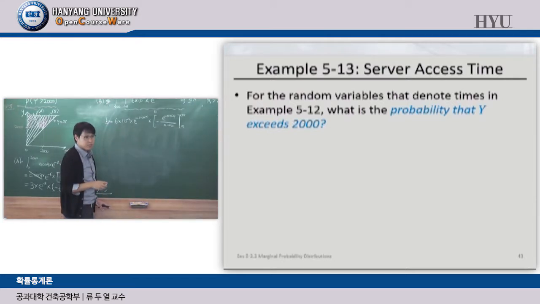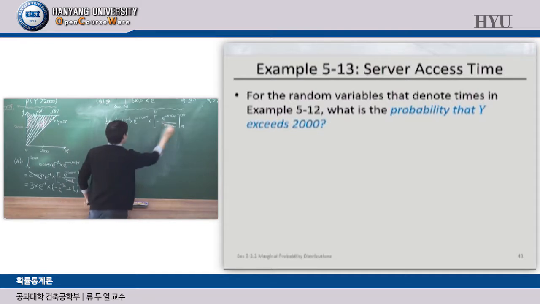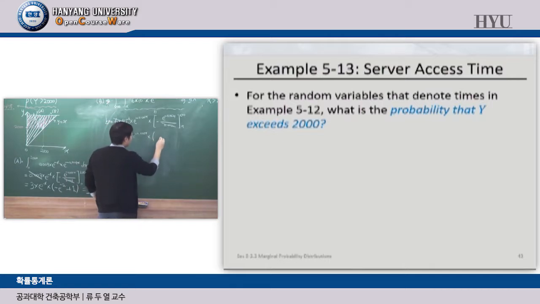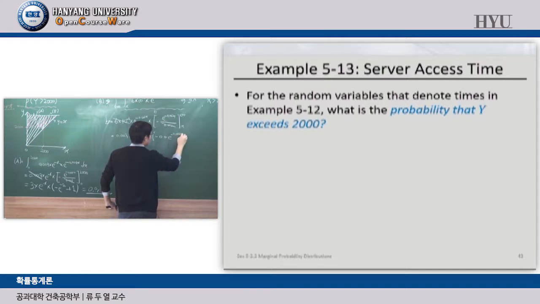Okay? And this is equal to 0.003 times exponential of minus 0.001x, minus 0, plus exponential of minus 0.002x. Okay?